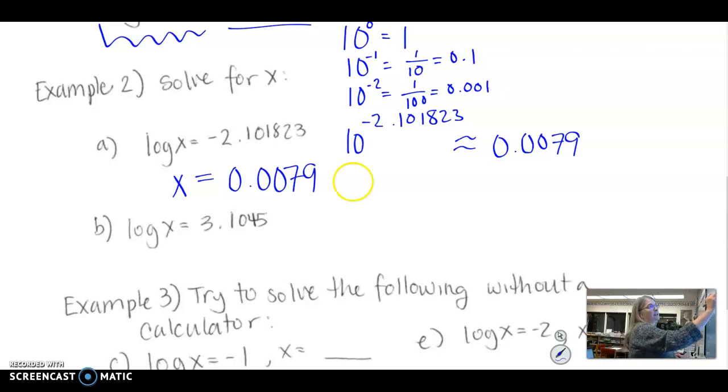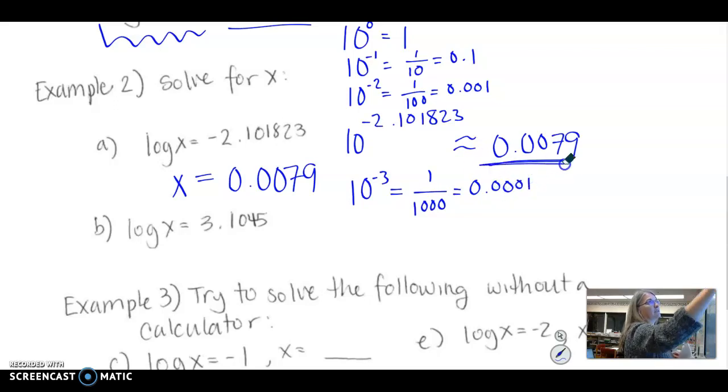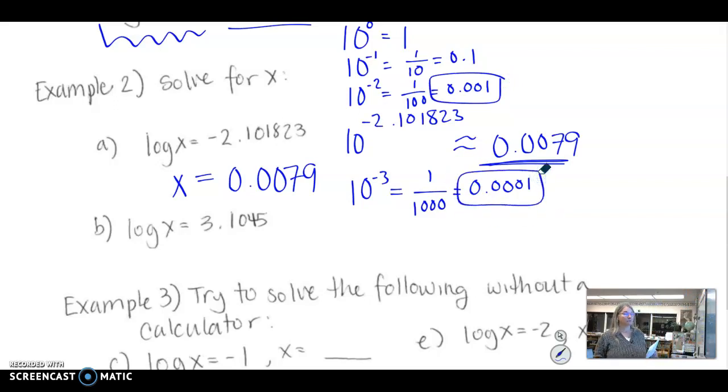And 10 to the negative third power would be 1 over 10 cubed, which is 1 over 1,000. And that as a decimal is 0.001. And you can see that this is in between these two values. So it makes sense. Hopefully it makes sense.